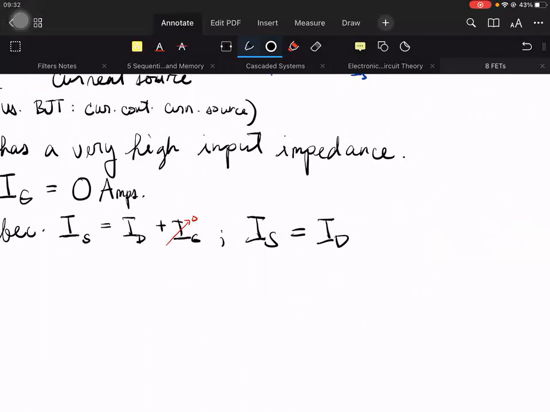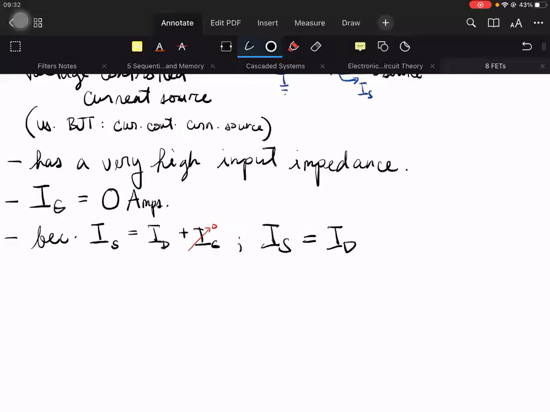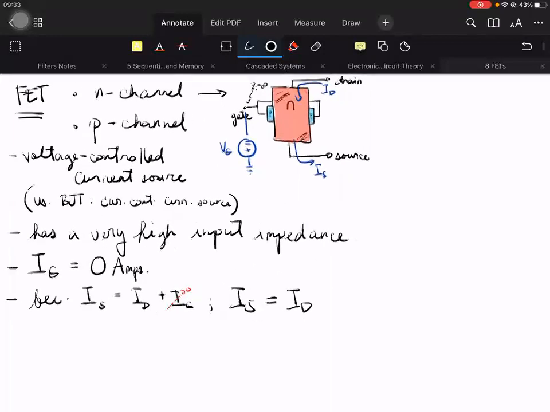Thank you, sir. Okay. So, I may have missed a characteristic. Well, in terms of analysis, these are the most important for us to remember. The FET is a voltage controlled device. It has a very high input impedance. The device has a high input impedance, but I think it will also follow that the amplifier itself will also have a high input impedance.